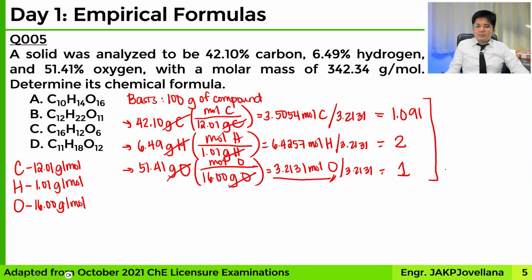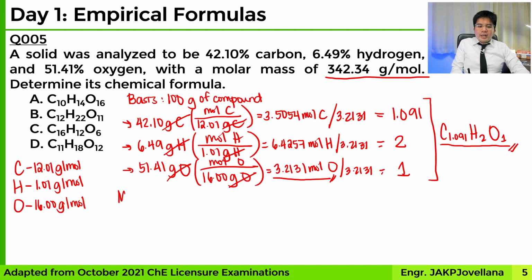At this point, we can assume a formula of C1.091 H2 O1. Determine the molar mass of this chemical formula and multiply by N to match the given molar mass.